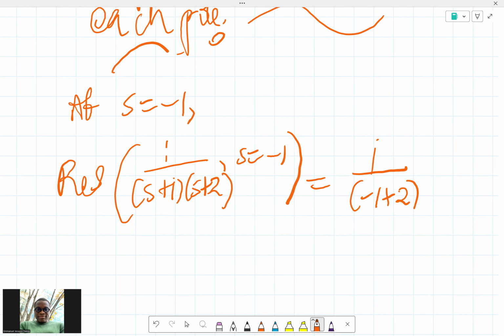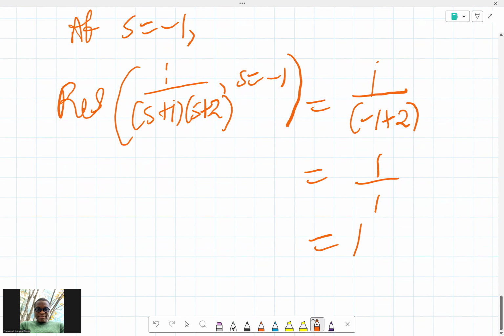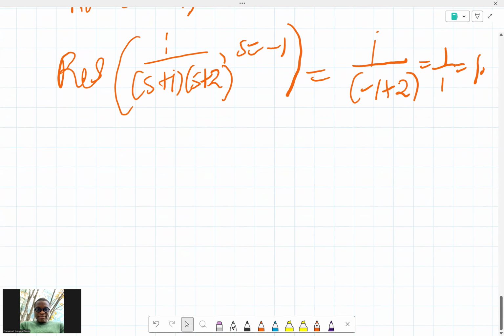That is 1 over 1, and that is simply 1. So the residue there is 1.